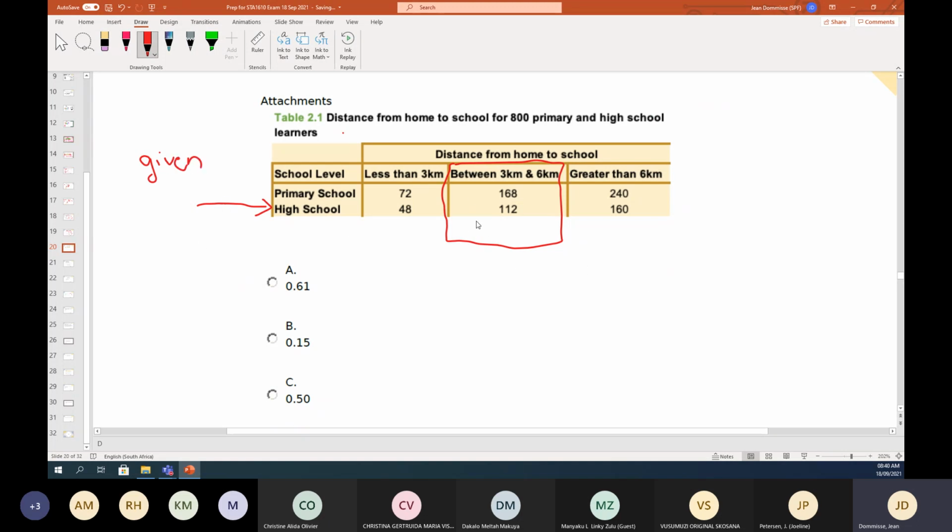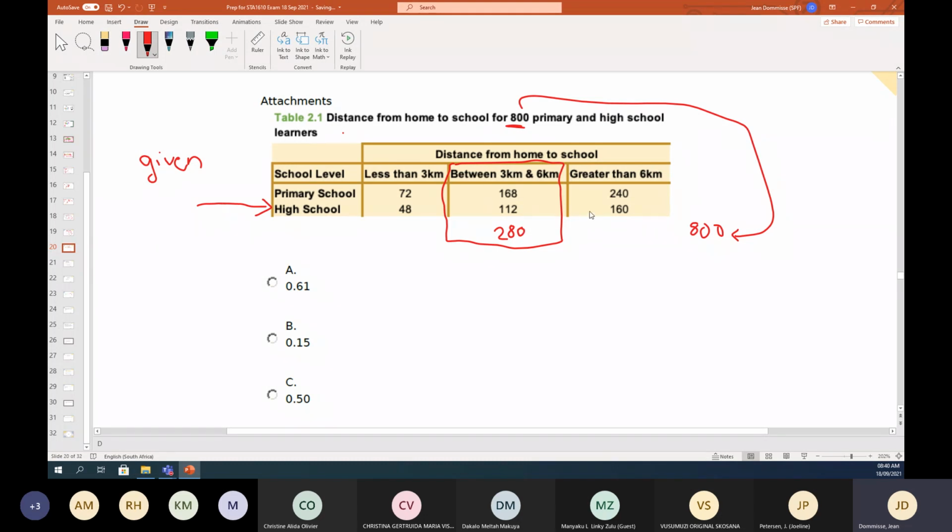Okay, so in this instance, we need a few totals. We need that total 800, so that at least is the total. Here we need that total, so it looks like 280.